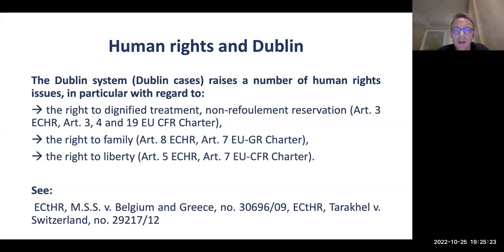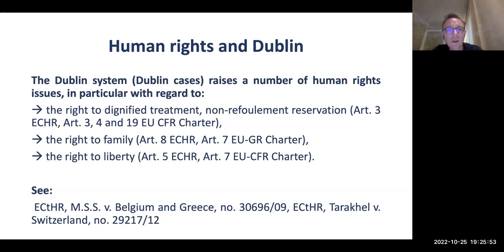A number of other rights might be implicated, for example, the right to family, which is one of the reasons why we have this strong criterion in the Dublin regulation that family members should live together, and there should be only one country responsible for the asylum application of all family members.